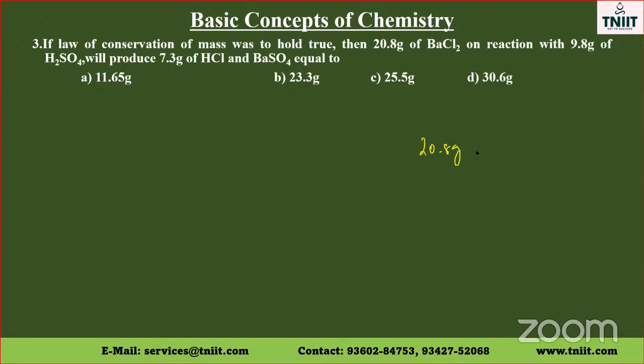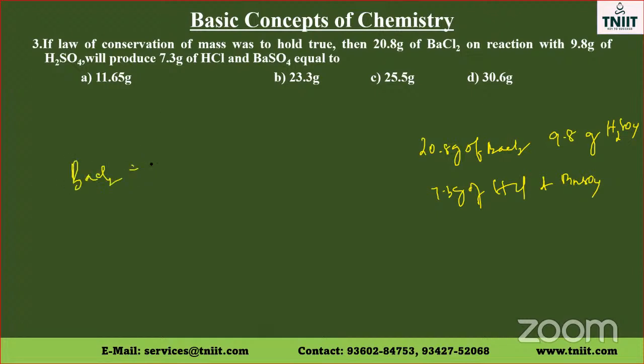20.8 grams of barium chloride reacts with 9.8 grams of sulfuric acid, and will produce 7.3 grams of HCl and barium sulfate. So this is a simple reaction. Barium chloride with sulfuric acid gives HCl and we get barium sulfate.